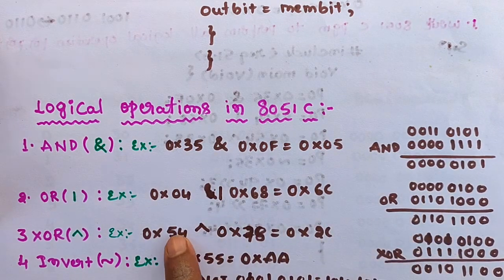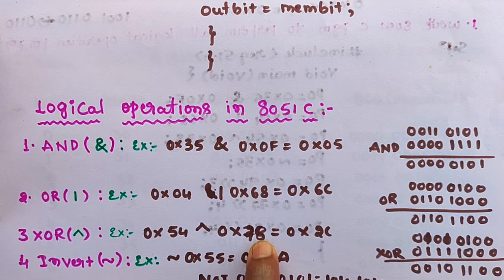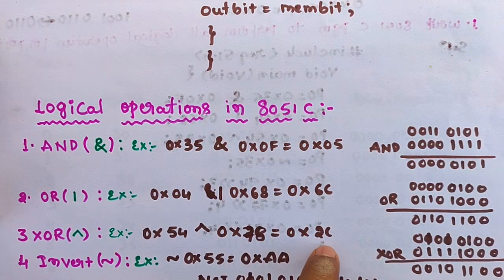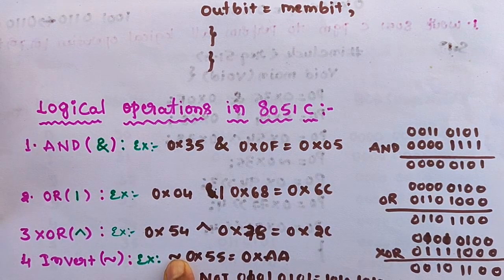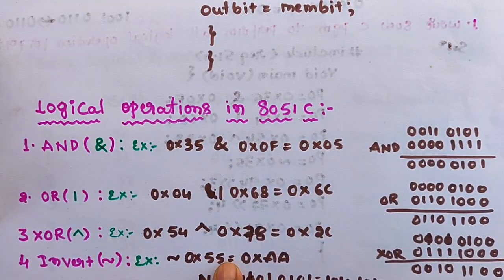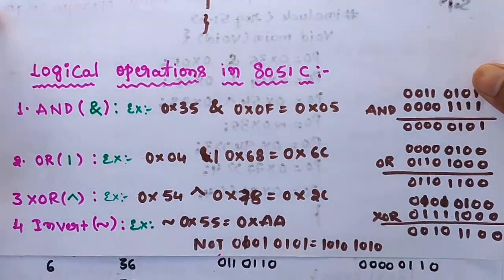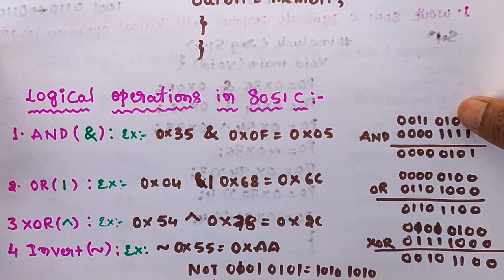And for the XOR operation, 54 and 78, we are performing the XOR operation, and the result will be 2C. In order to perform the inverter operation, first you need to specify the inverter symbol, and after that the data, and you will get the complement output of the given input.